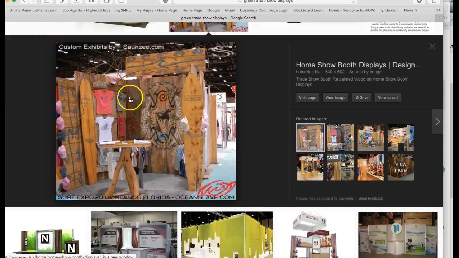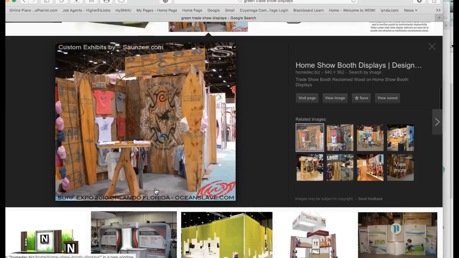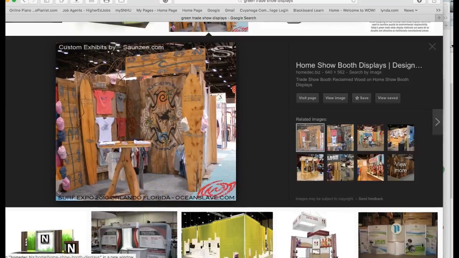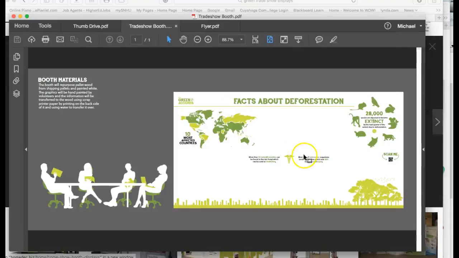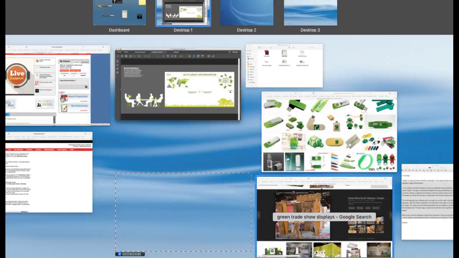So you can see this is all made of wood, and you could mock this up with a drawing instead of just saying, okay, this is what this is, and here's a flat, poster-looking thing. Do you see what I'm saying? You can show that this is built with wood and that it's somehow water transferred onto here. Just try to show that the best you can, and draw out a booth.